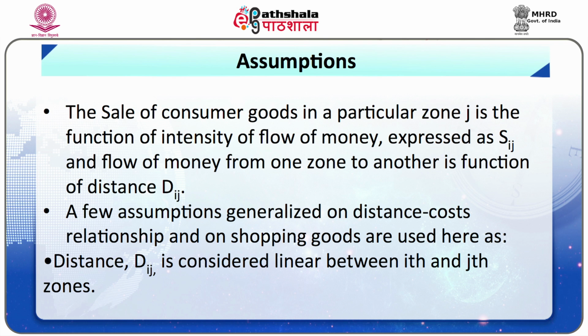A few assumptions generalized on distance cost relationship and on shopping goods are used here. Number 1, distance Dij is considered linear between the ith and jth zone.